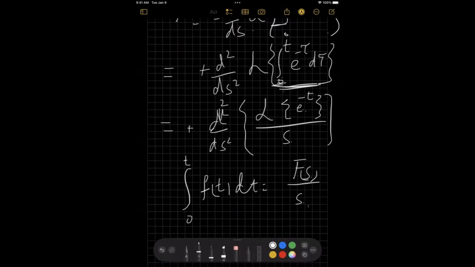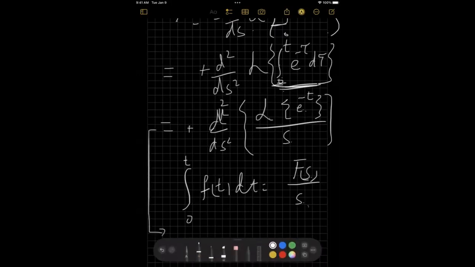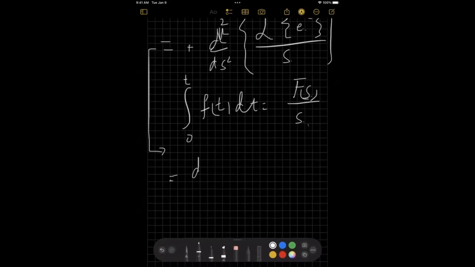Okay, so now from this part, we will go down and we will have d2 over ds squared, Laplace of e raised to power minus t. What is Laplace of e raised to power minus t? 1 over s plus 1.